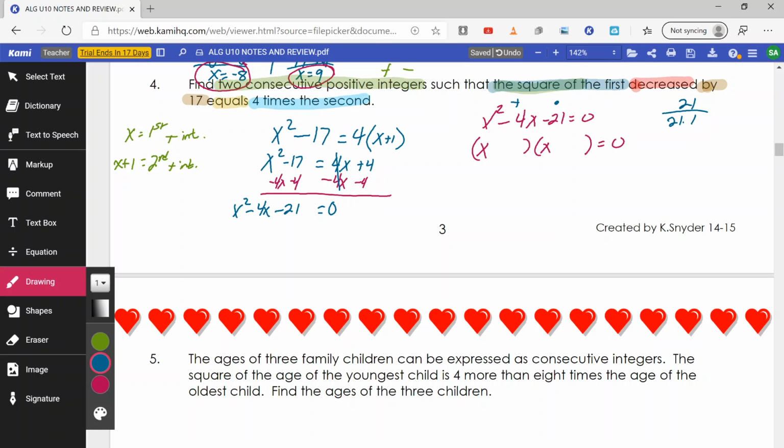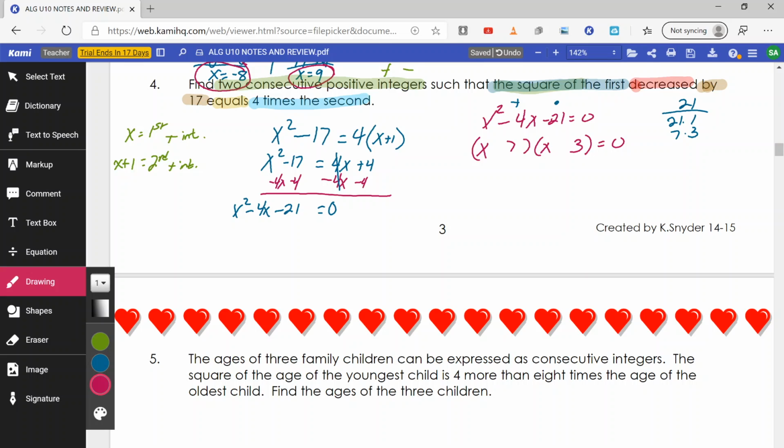So 21 times 1, 7 times 3. And that's all we have. So I need to pick the pair here that will add to negative 4 somehow. So in this case, 7 and 3 are the numbers that I'm going to be using because the difference between the two numbers is 4.